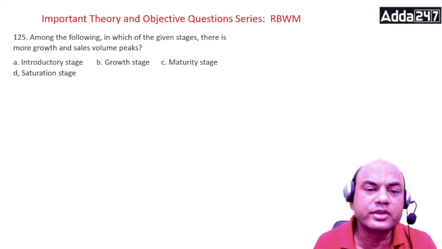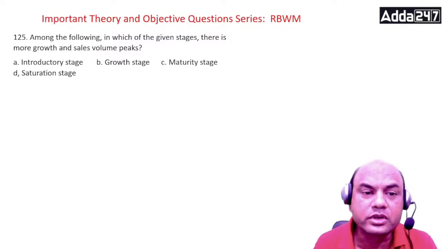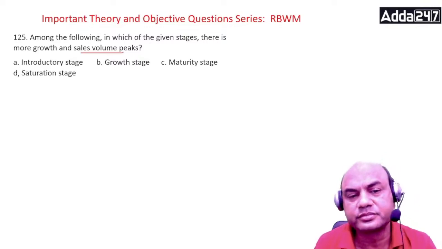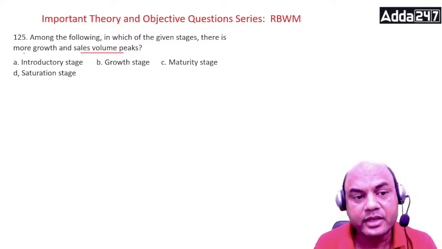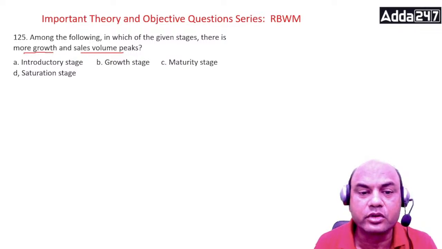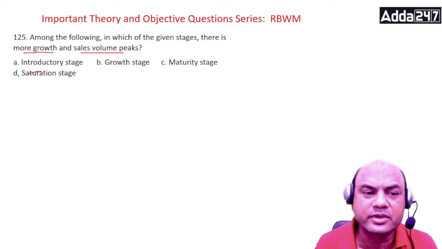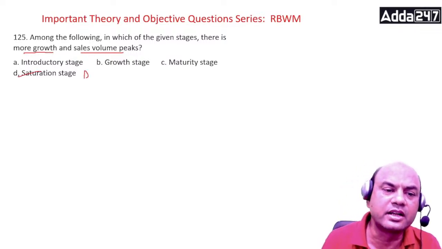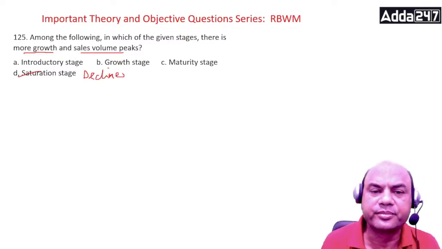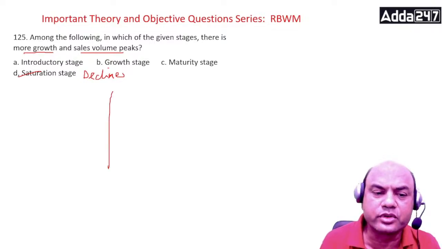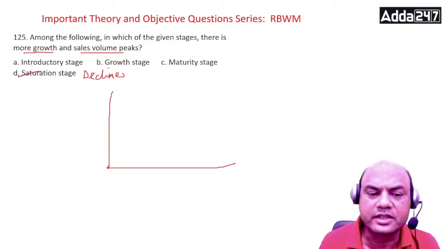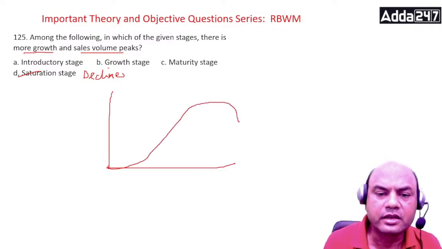Among the following, in which of the following stages will growth and sales volume peak? More growth, sales volume will peak. Introduction, growth, maturity, and saturation. This is the decline stage. Decline. Okay, these are the four stages actually. So PLC, as I showed you just now on the first question, this is a PLC, right?